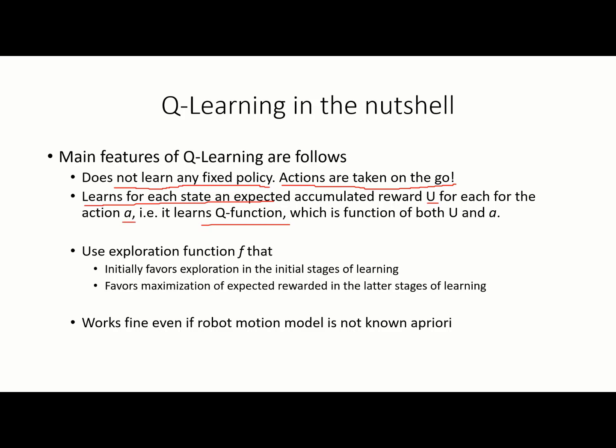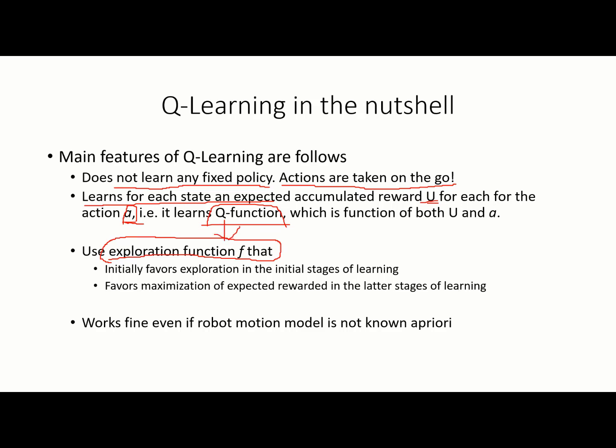So we are going to track the reward as well as the corresponding action. So the Q function is actually a function of both U and A. The other important thing is that we are going to use the exploration function as part of the Q function.